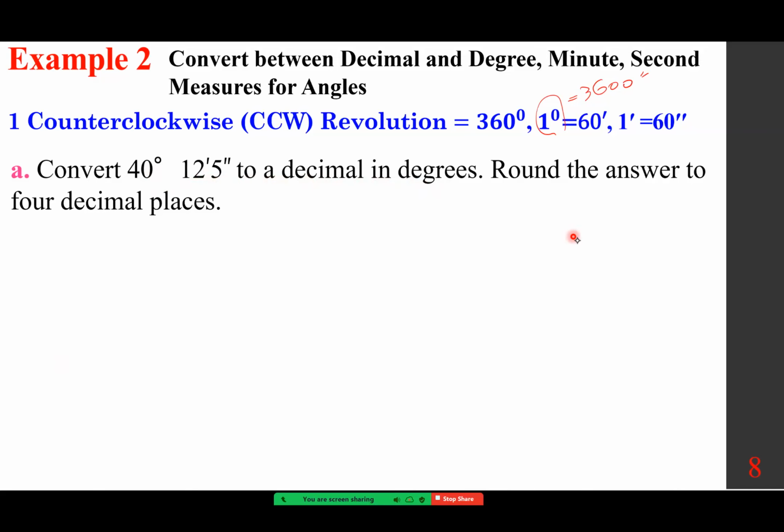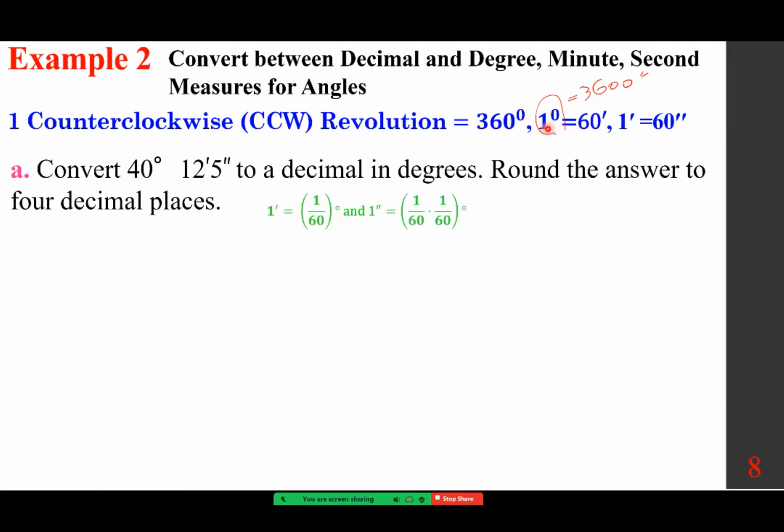Well, again, remember that 1 degree is 60 minutes, which means 1 minute is 1/60th of a degree, and 1 second is 1/60 times 1/60th, which is 1/3600th of a degree.